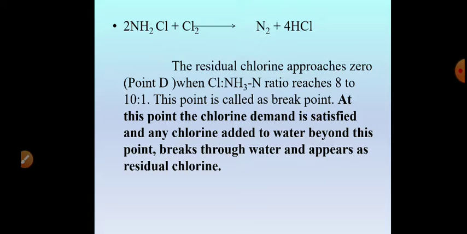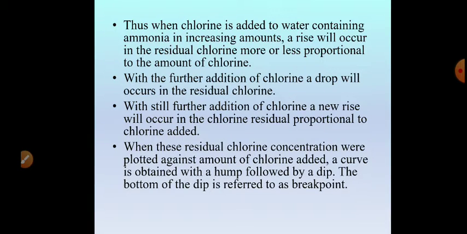At this point, the chlorine demand is satisfied, and any chlorine that is added beyond point D into water will break through the water and appear as residual chlorine. Okay. So at point D, chlorine demand is satisfied. Any chlorine added beyond this point breaks through water and appears as residual chlorine.